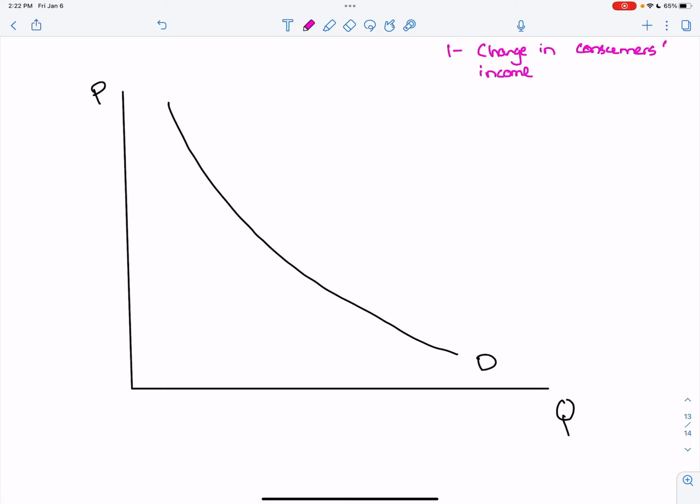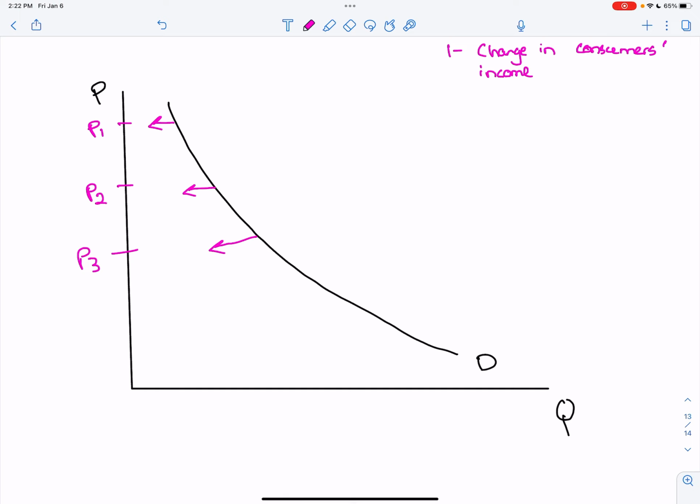That is represented by an entire shift of the demand curve. Let's take all of these hypothetical prices here. Price 1, price 2, price 3. We want to see a shift leftward, a downward shift in quantity demanded at every price when consumers' income goes down.